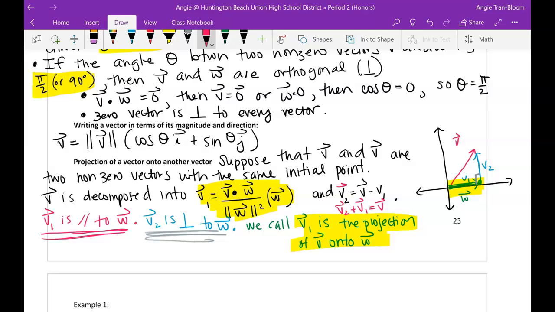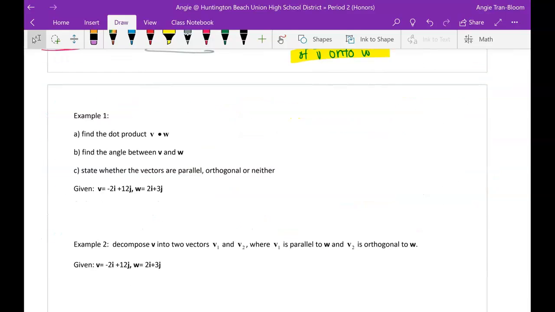Now we are going to use all of these definitions right away. Example 1, find the dot product. I'm giving you vector v is negative 2i plus 12j, and vector w is positive 2i plus 3j.